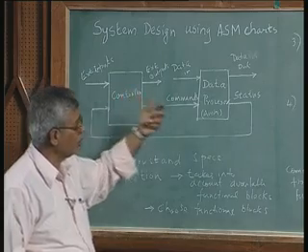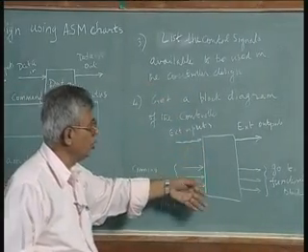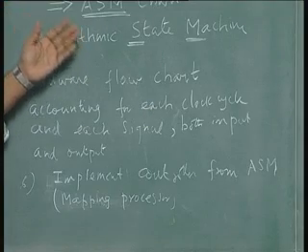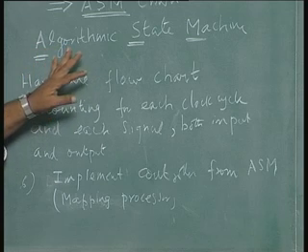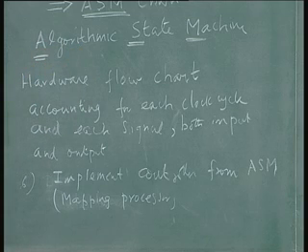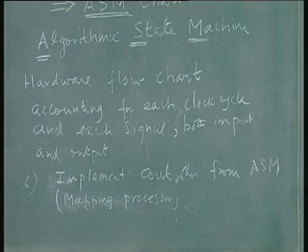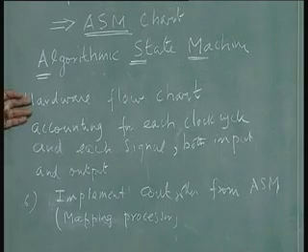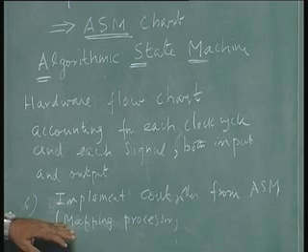When you go to the controller, identifying the input and output, you can write an algorithm or a procedure for carrying out the control process by a chart known as ASM chart, which is very similar to a flow chart, but more detailed and more cycle dependent, cycle specific, more hardware specific, and with that you implement it using one of the standard techniques available for mapping.